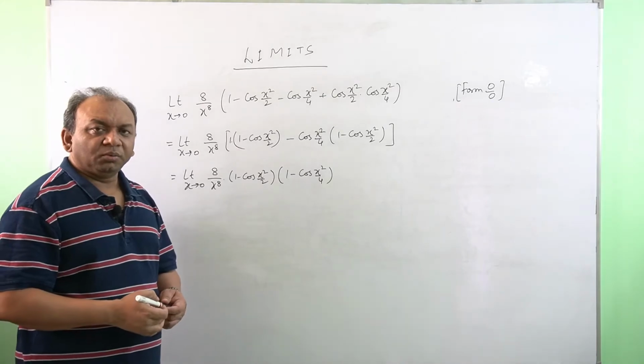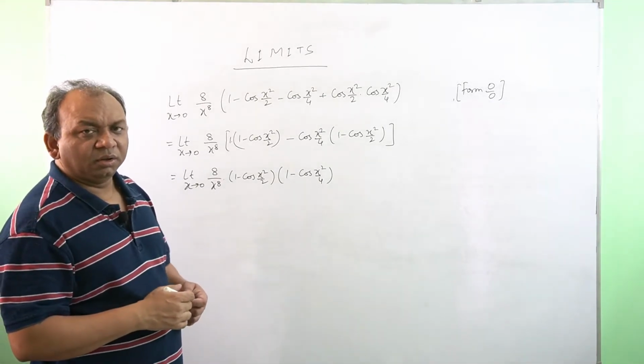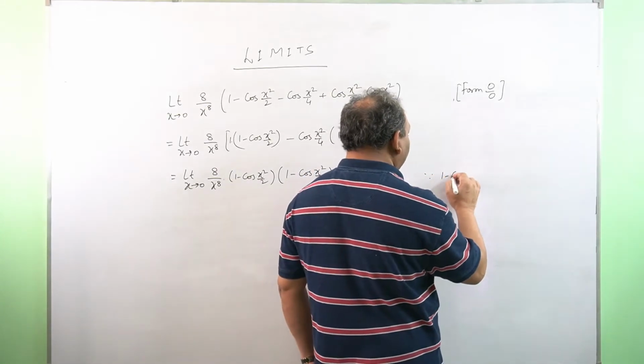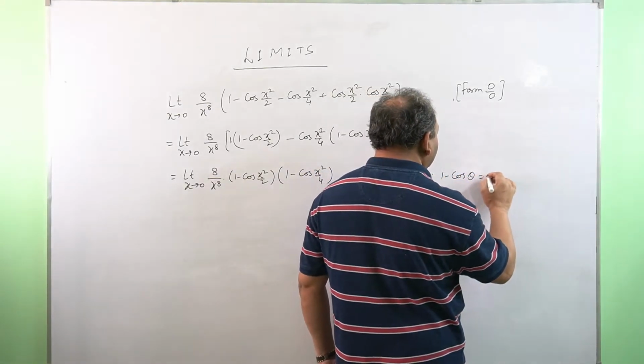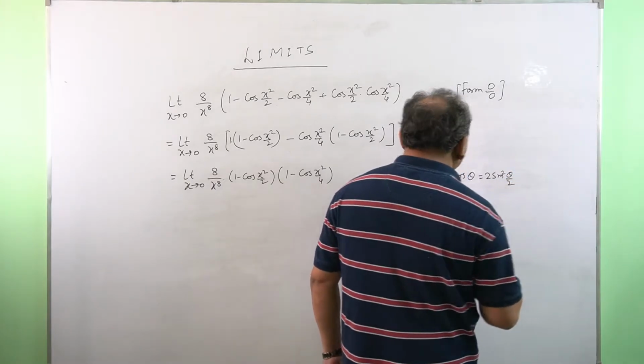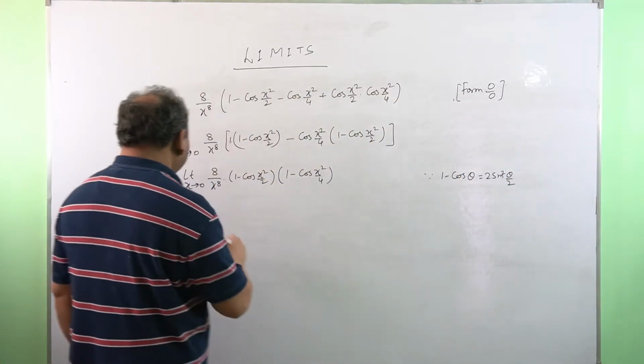We know that 1 minus cos theta is equal to 2 sin squared theta by 2. Use this formula here.